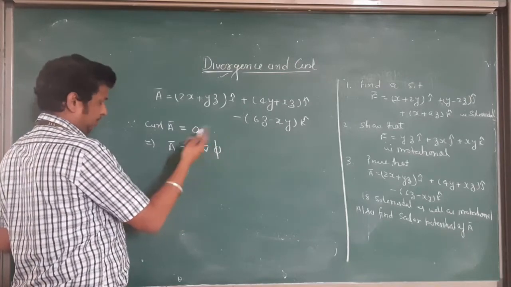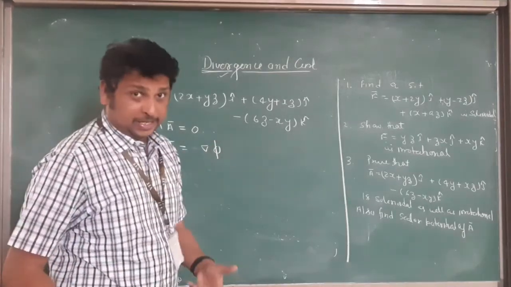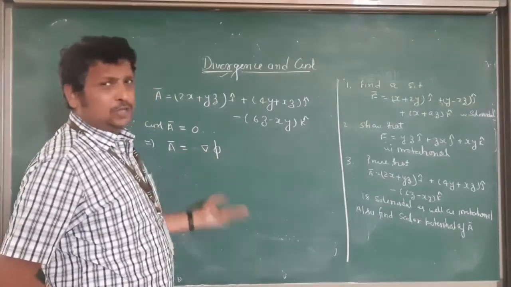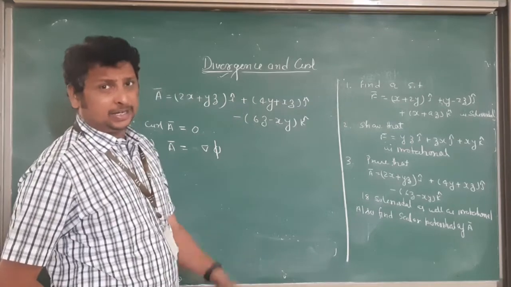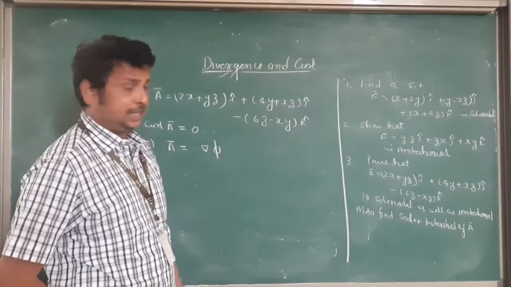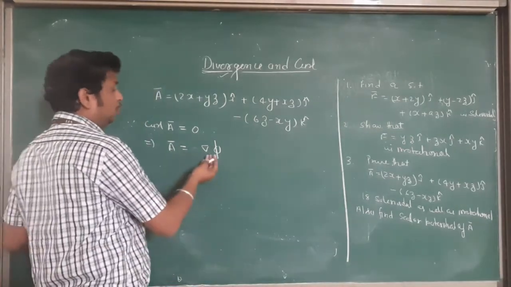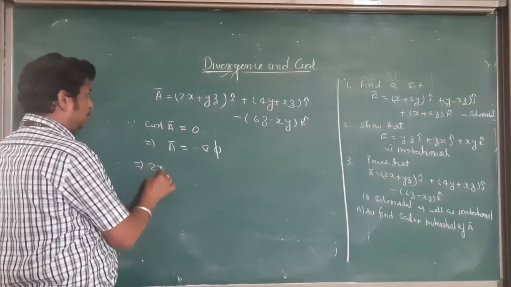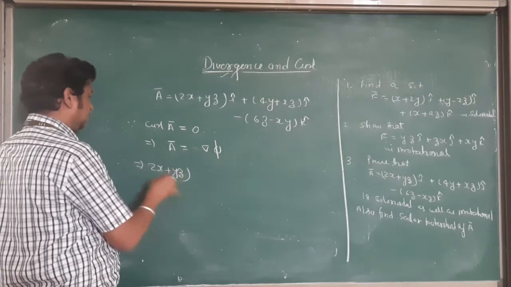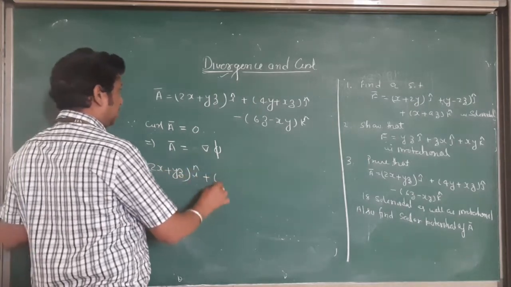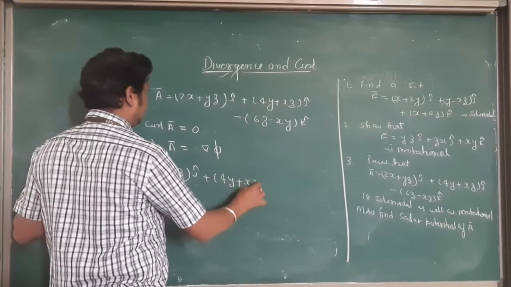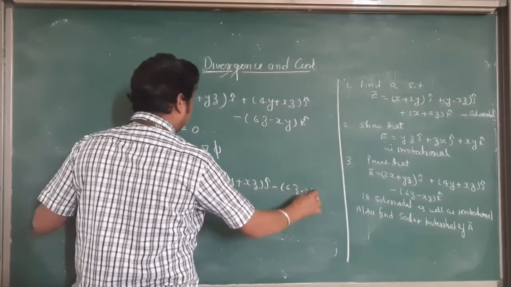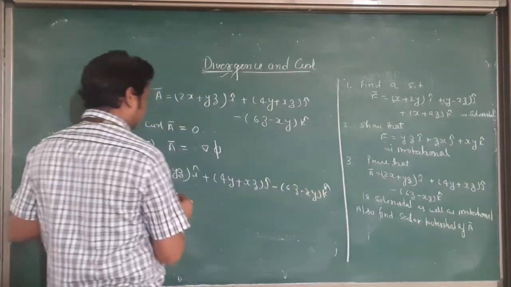Sometimes some authors take minus del phi because that is the actual meaning. Otherwise you can take del phi also, it doesn't matter, the answer will be the same in each case. So suppose A is equal to del phi. So A, which is (2x plus yz) i cap plus (4y plus xz) j cap minus (6z minus xy) k cap, is equal to del phi.